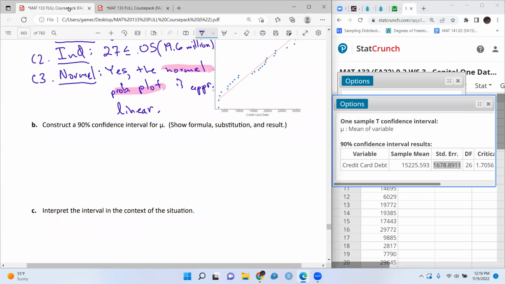So for showing the formula you use, what I'd like to see is this. So that you know it's the X bar plus the critical value times the standard error of the sample means. And then for the substitution part, I just want to see that you identify the sample mean, which StatCrunch gives you.